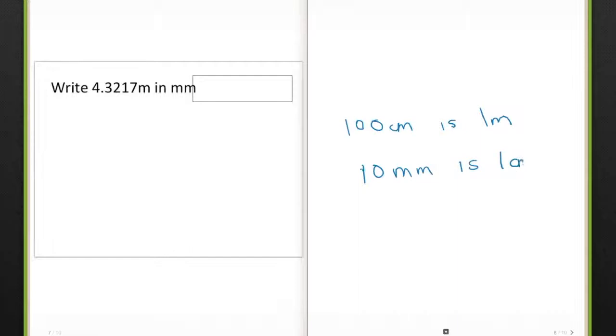So once I've got to my centimetres, I then have to times by 10. So 4 times by 100 is 400, and then that again times by 10 would have my decimal point going 100 and another 10. So it would be 4, 3, 2, 1.7 millimetres.